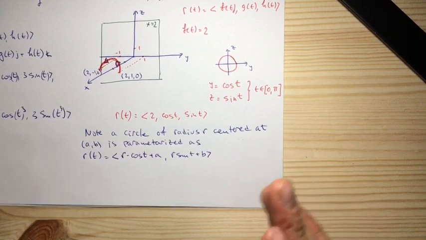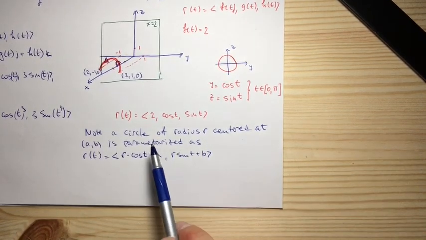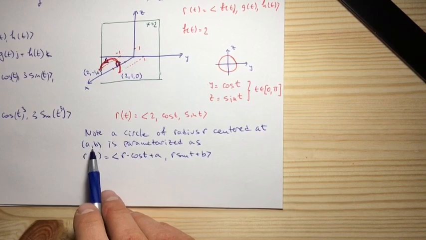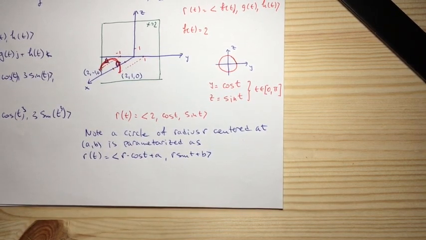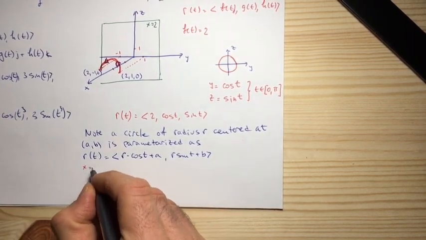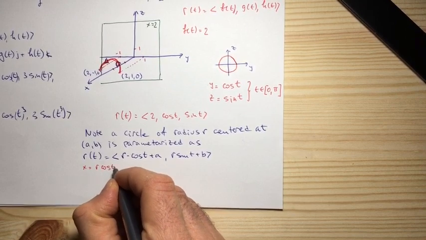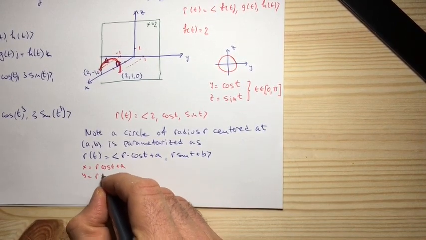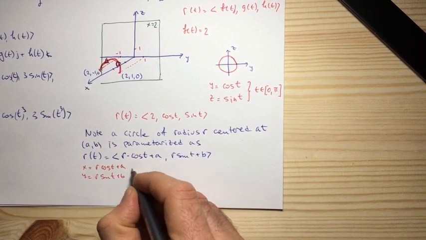Okay, so whenever we have to parameterize a circle of radius r centered at (a, b), if it's the origin, then (a, b) is just going to be 0, it is parameterized in the following way. x is equal to r times cosine t plus a, and y is equal to r times sine t plus b.